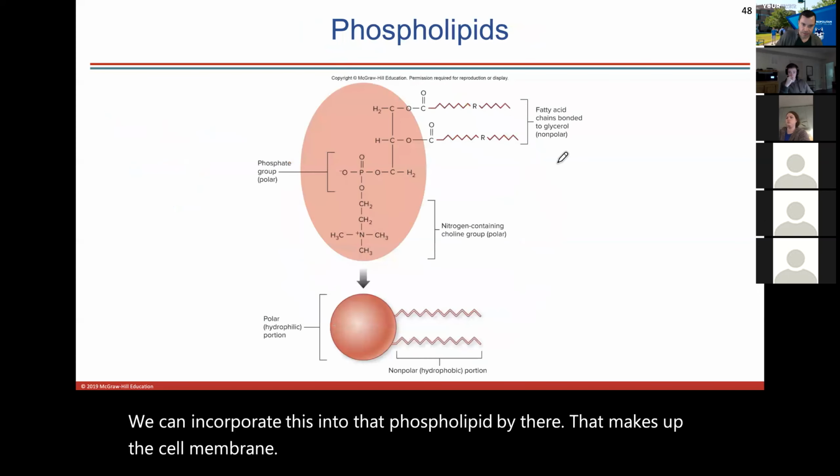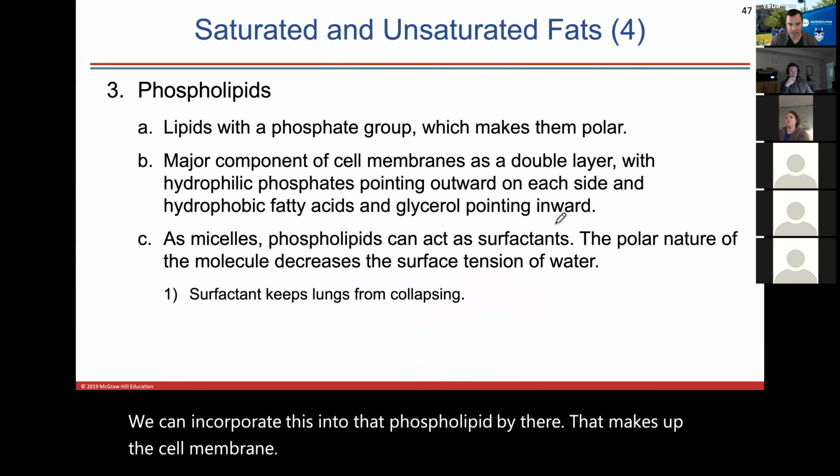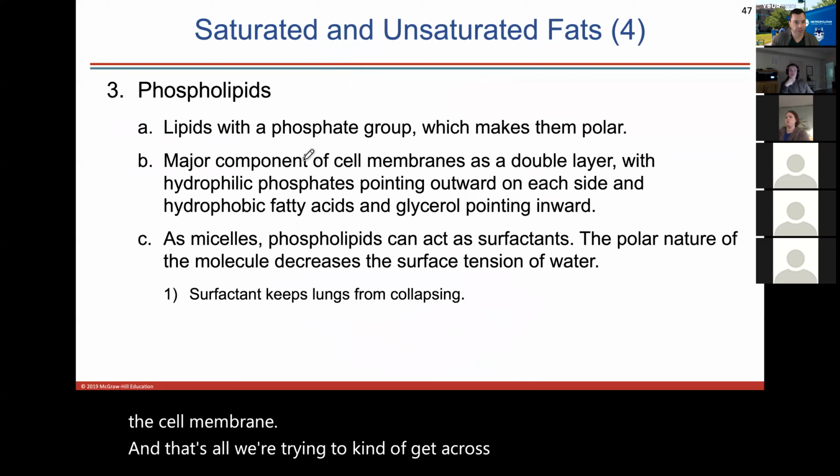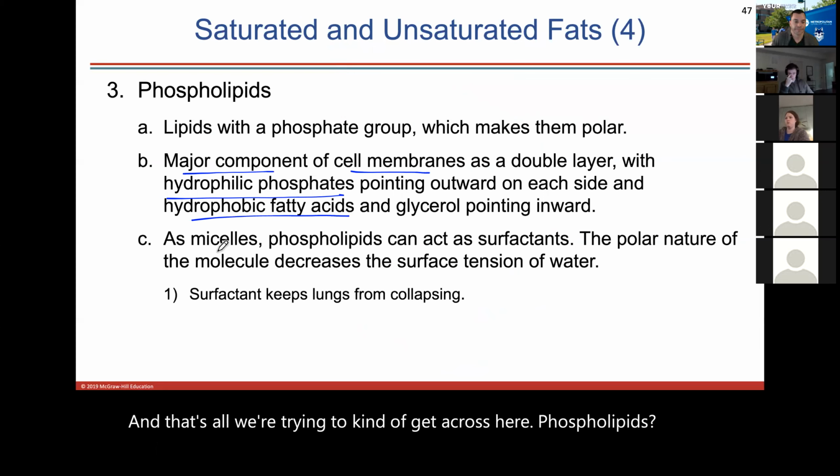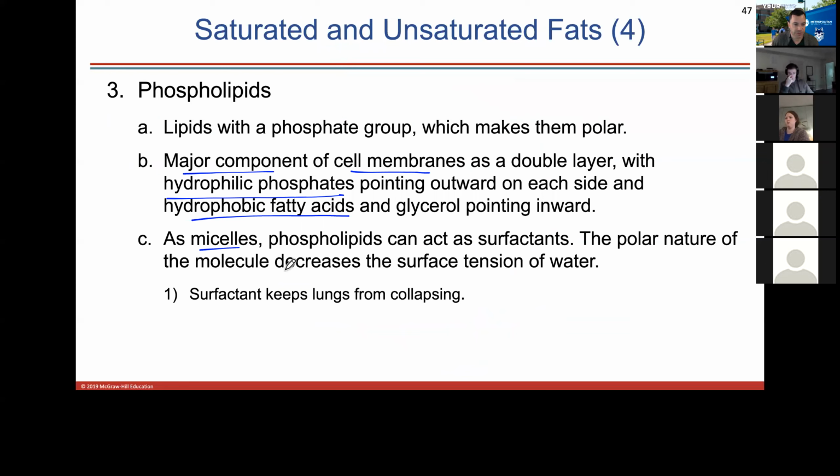And that's all we're trying to get across here. Phospholipids, hydrophobic fatty acids, micelles, transport.